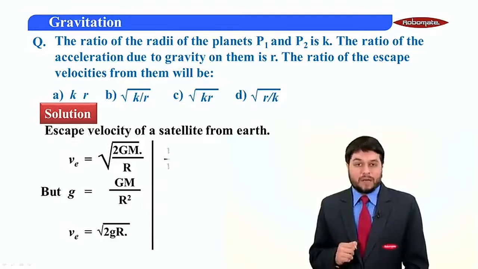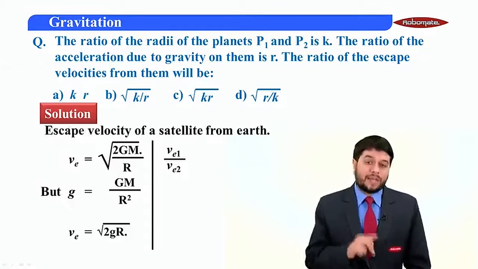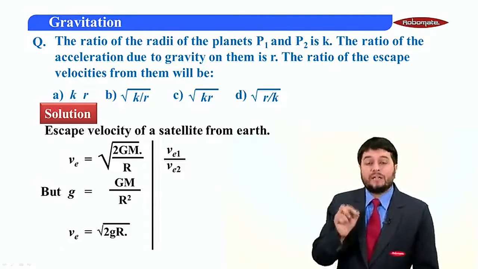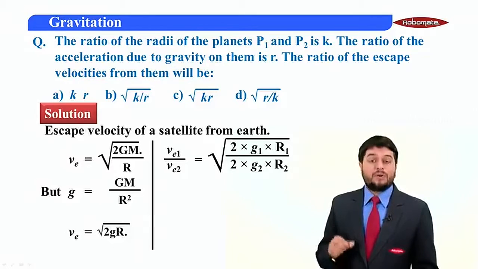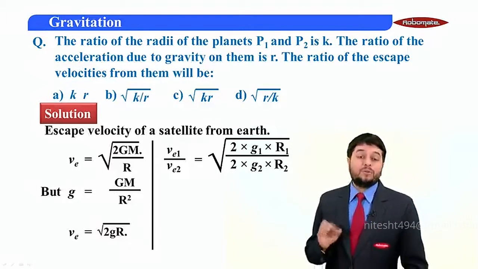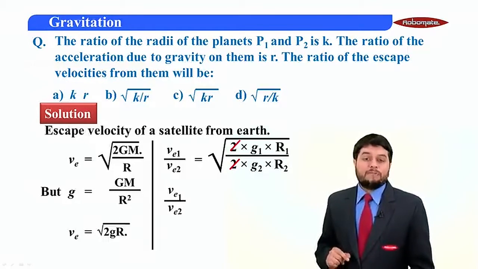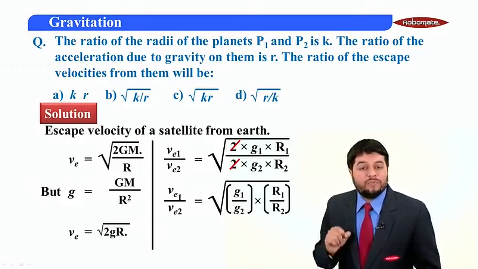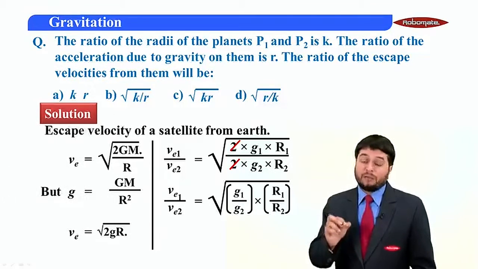2gr. Now, let's say the escape velocities of planet 1 and planet 2 be taken as VE1 and VE2 respectively. Then their ratio will be equal to root of 2g1 into r1 upon 2g2 into r2. Cancelling 2, I finally get VE1 upon VE2 is equal to root of g1 upon g2 into r1 upon r2.